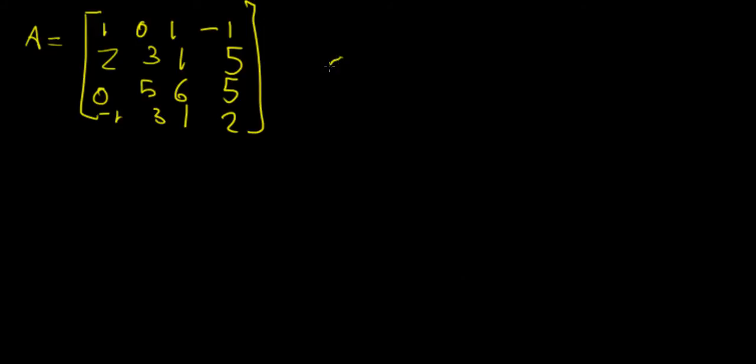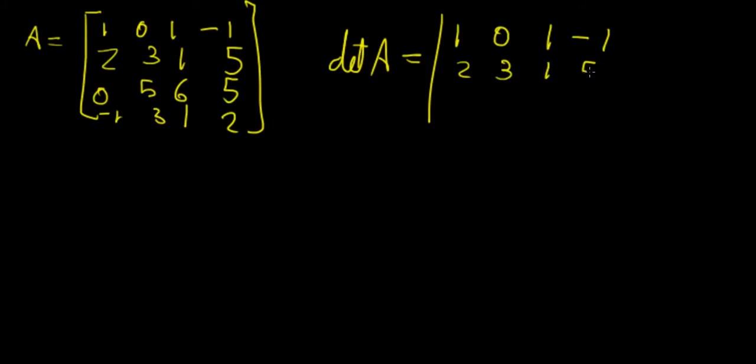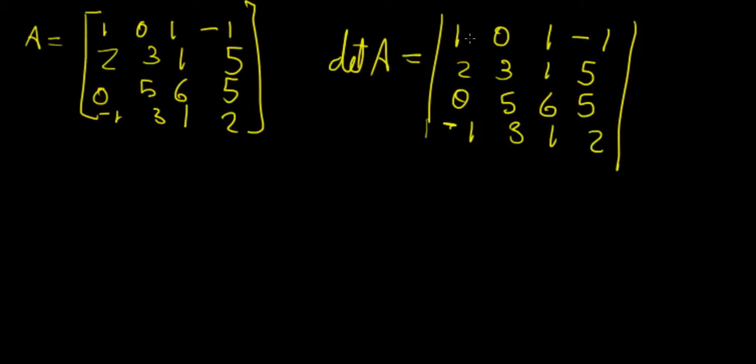Now, what is going to be the determinant? Well, it's just going to be the same thing: 1 0 1 minus 1, 2 3 1 5, 0 5 6 5, minus 1 3 1 2. Alright, so we're going to get the first column again.